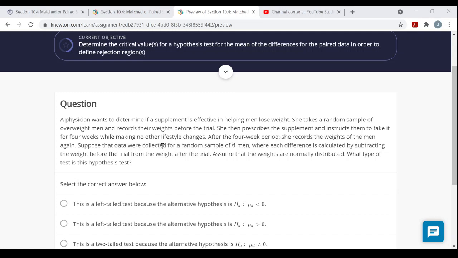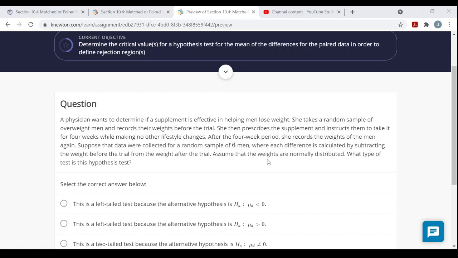Suppose the data were collected for a random sample of 6 men. So you're going to have 6 pairs of data, with their weight before the supplement use and their weight after the supplement use, where each difference is calculated by subtracting the weight before the trial from the weight after the trial. So they're taking the weight after minus the weight before.